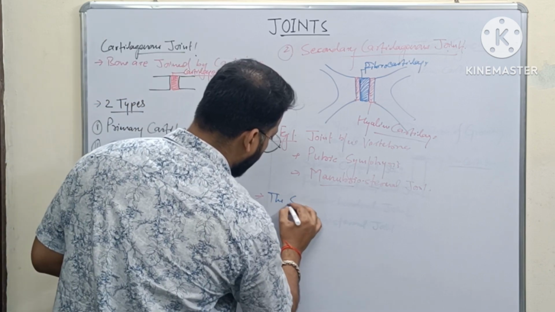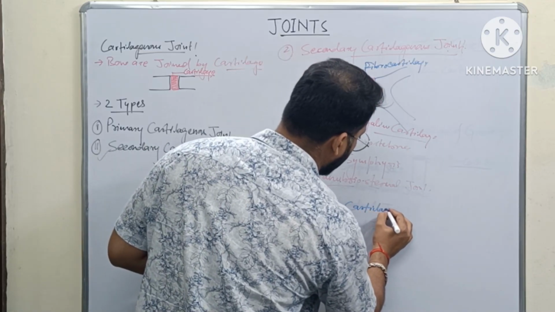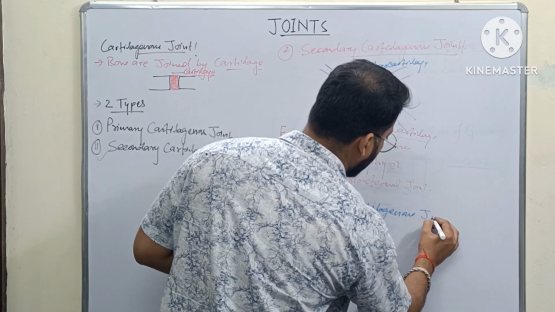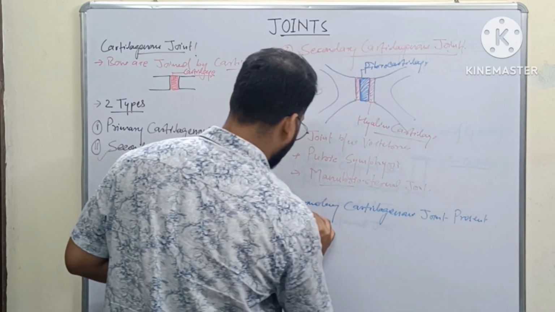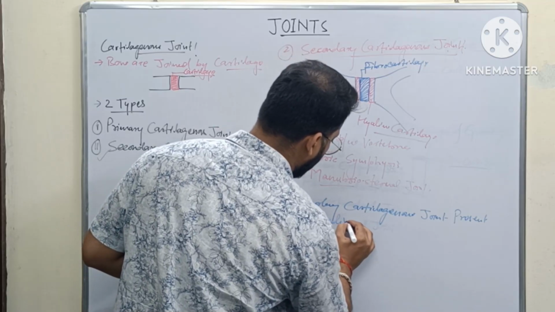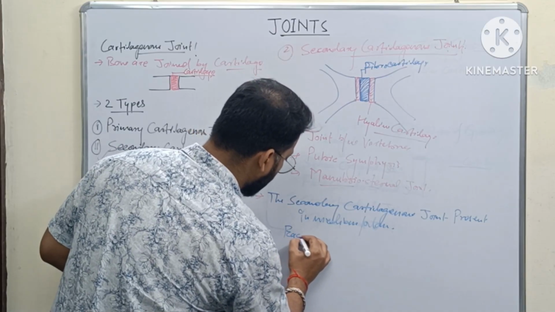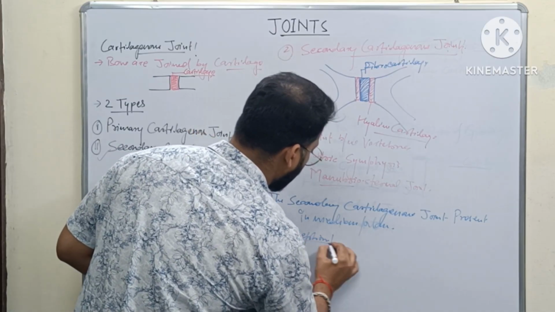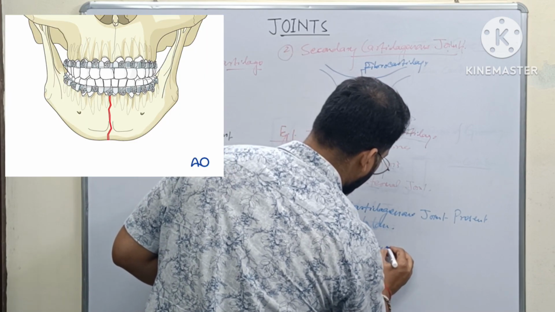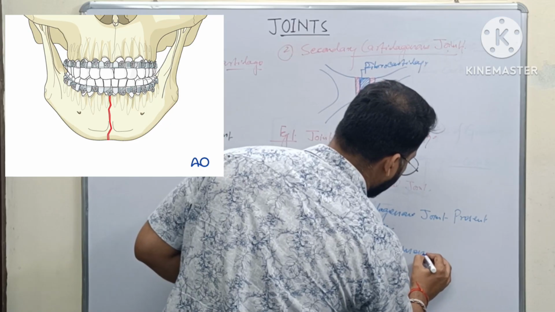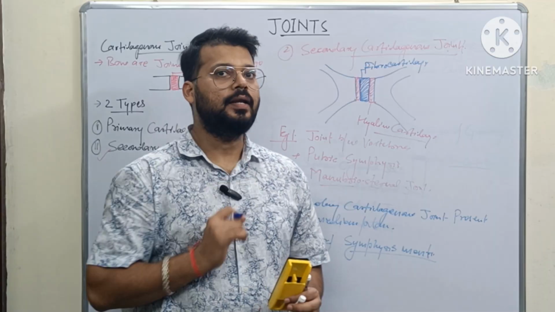The secondary cartilaginous joint is present in the median plane. And the exception is symphysis menti, मतलब joint between two halves of the mandible.